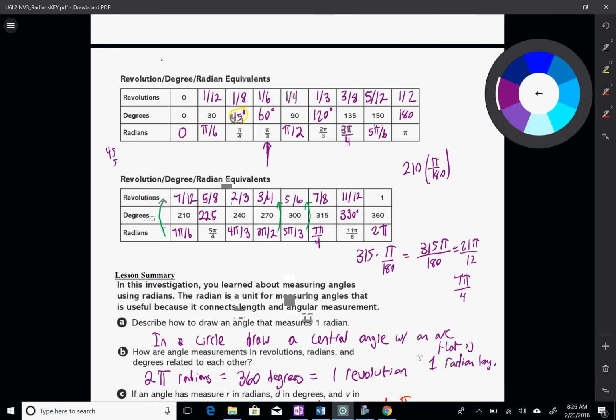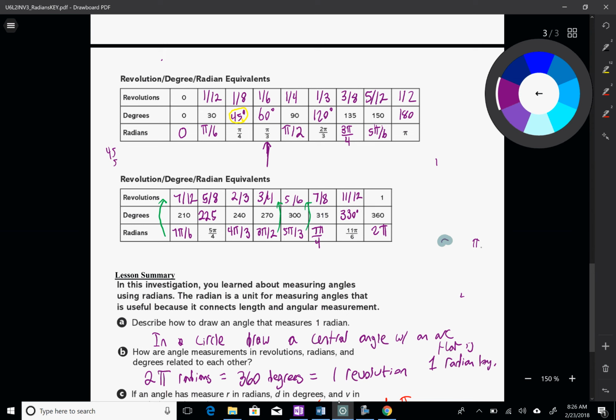And so you can see here's your solutions for the table. Pause the video and check yourself.